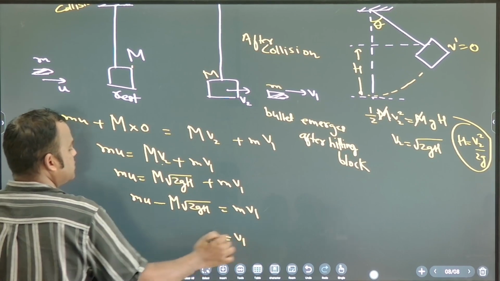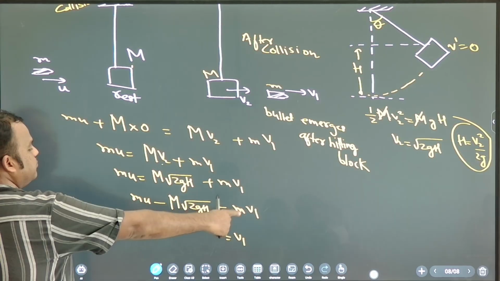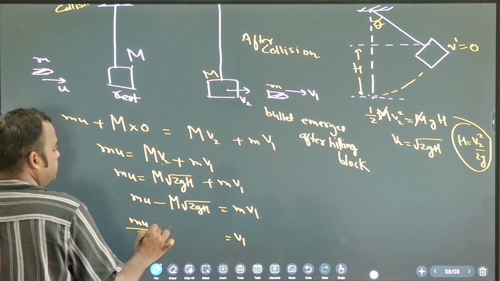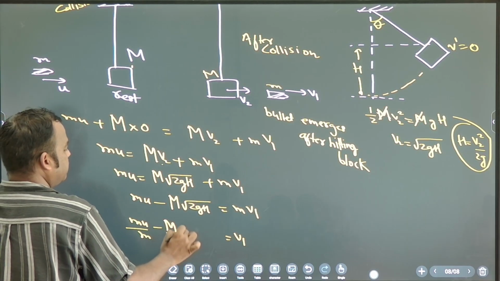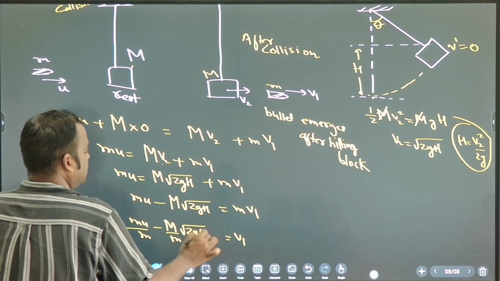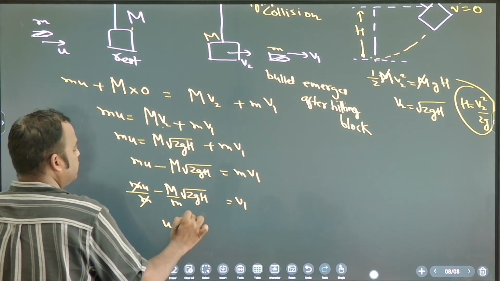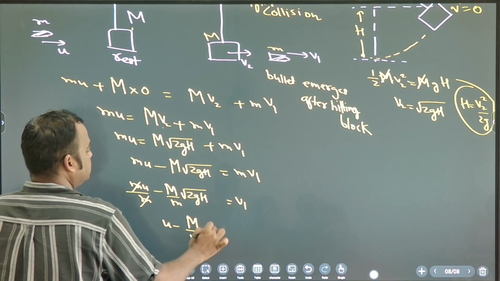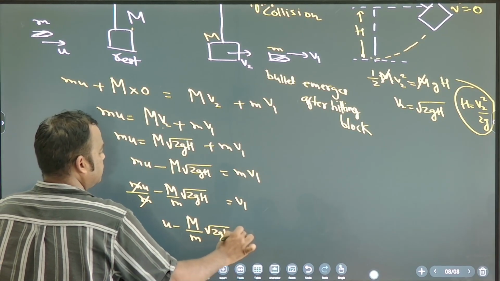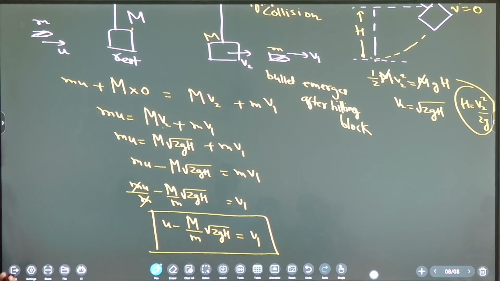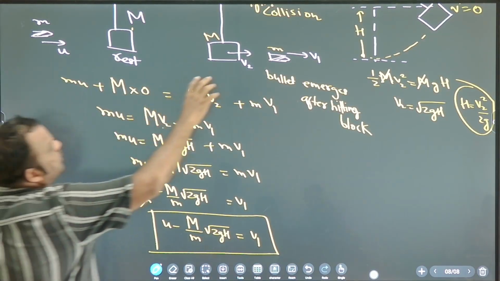Now divide by small m, the mass of the bullet. So v1 is equal to mu by m minus capital M by small m root 2gh. So this will be u minus M by m root 2gh, which is equal to v1.